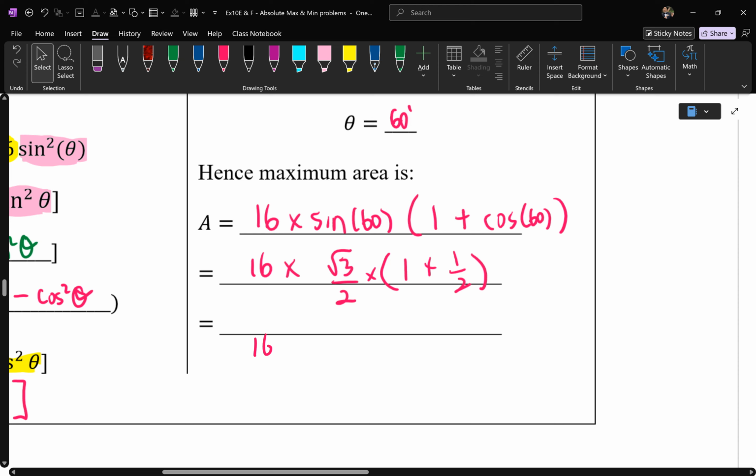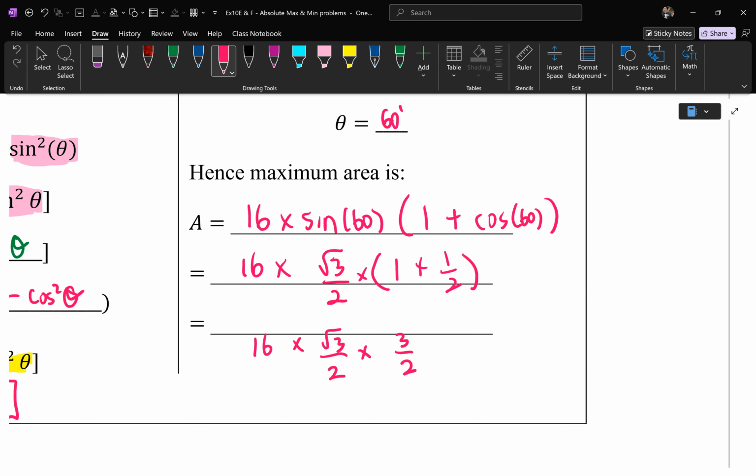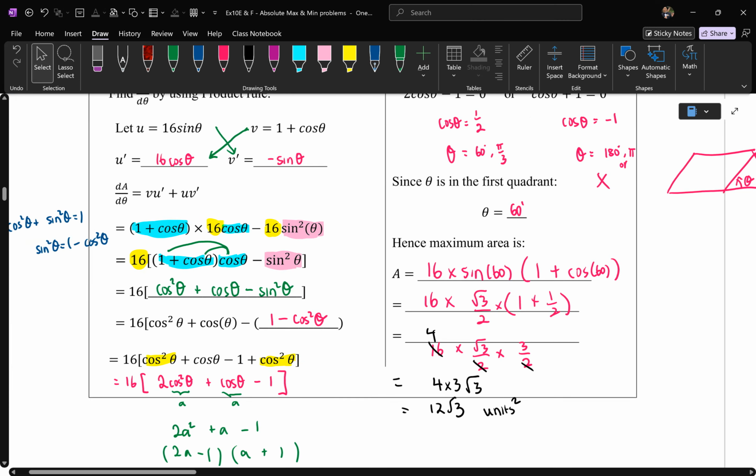What you're trying to work out is 16 times root 3 on 2 times 3 on 2. 2 times 2 is 4, and then 16 divided by 4 is 4. So you end up with 4 times root 3 times 3, which is 12 root 3 squared units. Big question, but it was a nice question.